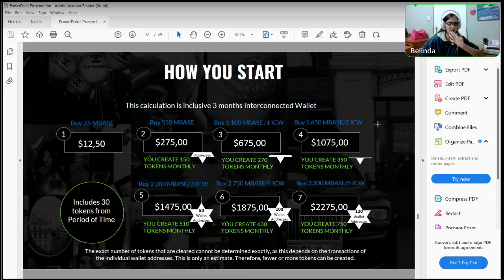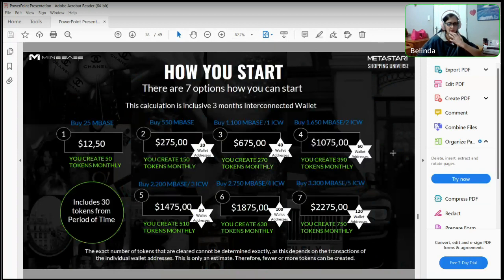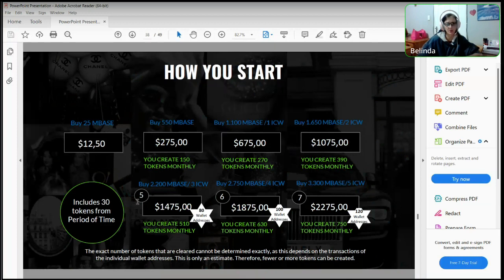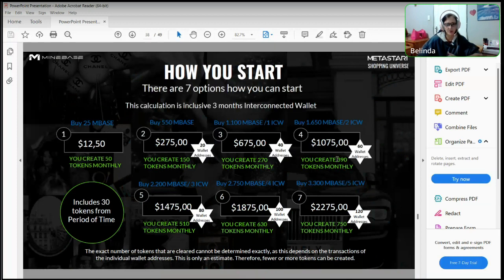7 options how you can start. Okay, this is also more or less what you can earn for your mining and obviously your period of time each day. But this calculation includes the 3 months interconnected wallets.